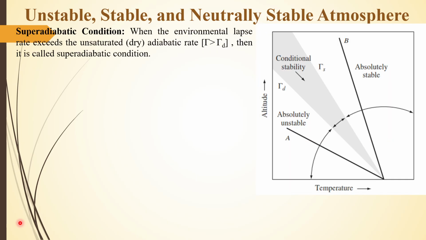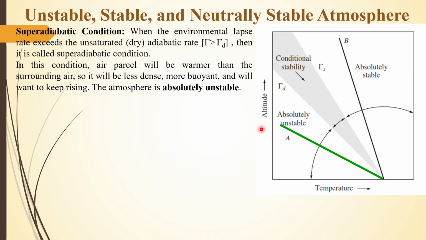We have already discussed this in my earlier videos. When ambient lapse rate is greater than dry adiabatic lapse rate, then it is called superadiabatic condition. In this graph, you can see that this is dry adiabatic lapse rate, this is moist adiabatic lapse rate, and this is ambient lapse rate when the condition is superadiabatic.